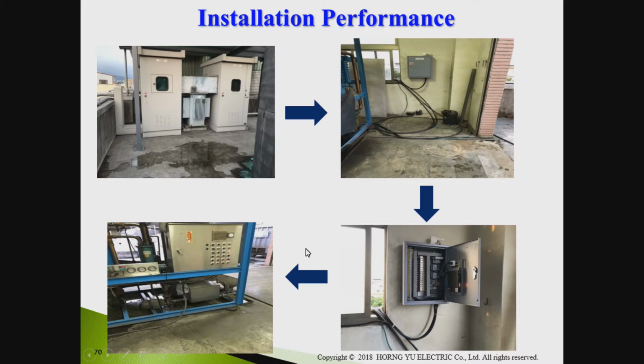Okay, so this is one of the cases for installation performance. This is the switchgear part, and we can do an on-site inspection before installation. So we can determine, okay, I have to install our panels here, and this is after opening it.